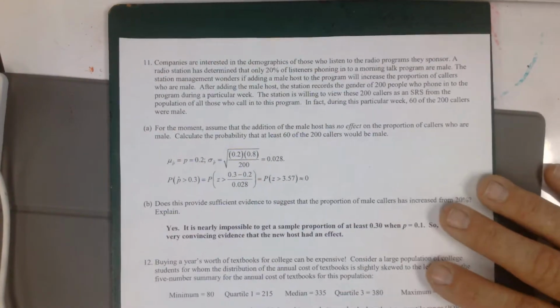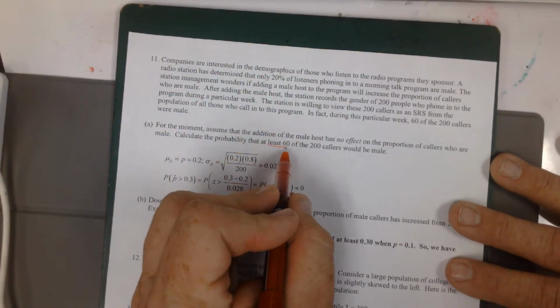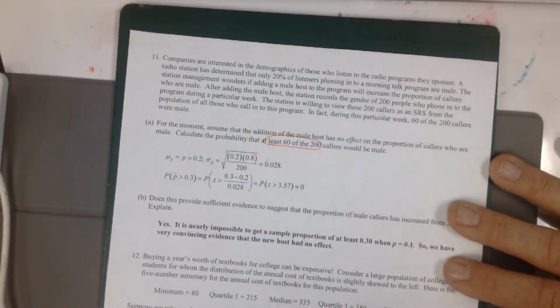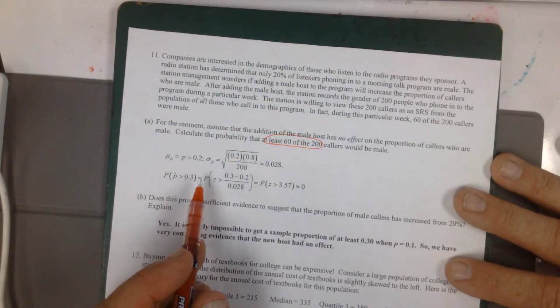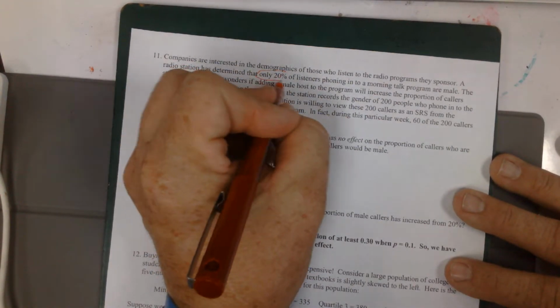All right. Last backside here, guys. So same type of problem. Calculate the probability of at least 60 out of 200 callers. So first of all, we're going to use this piece of information right here.